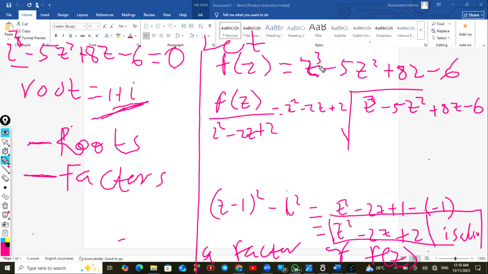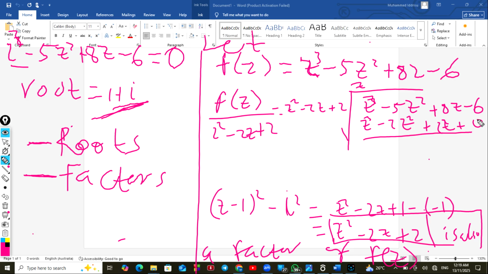So z cube divided by z square, we have z times z square, we have z cube, z times minus 2z, we have minus 2z square, z times 2, we have plus 2z, and the last one is just 0, there's nothing.